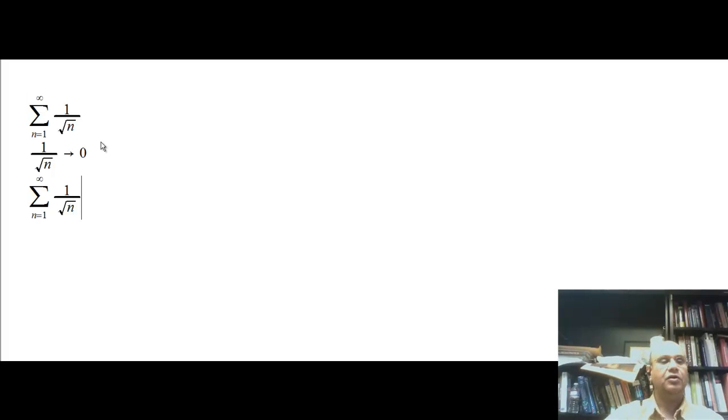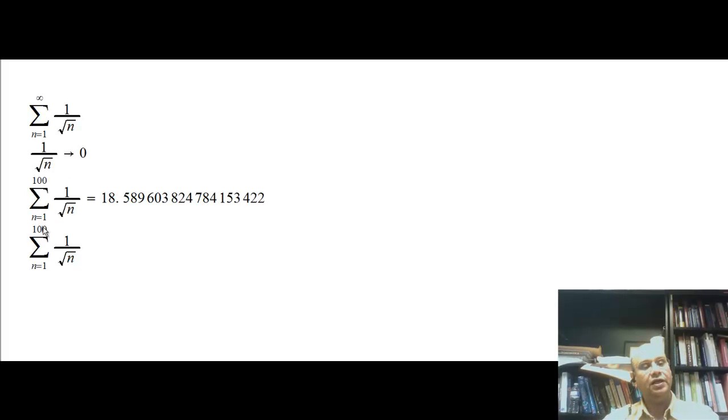Yeah, that's what I was telling you about. So let's look at the phenomenon first. This is 18, right? It just goes up, even though slowly, right?